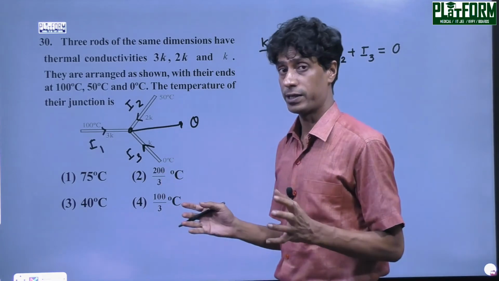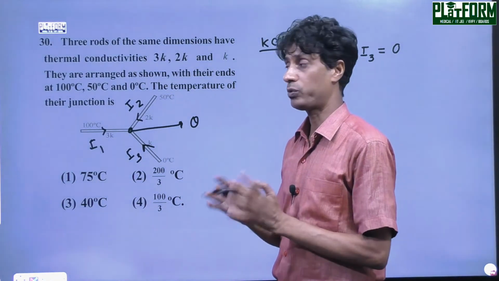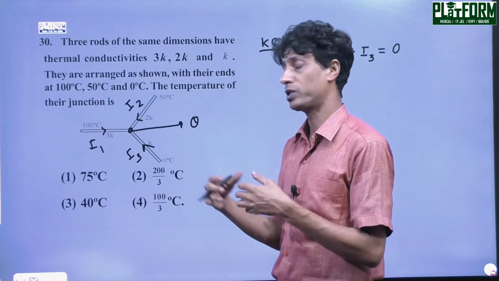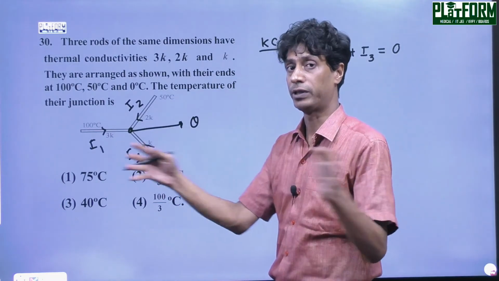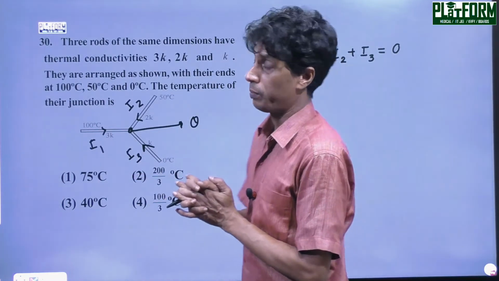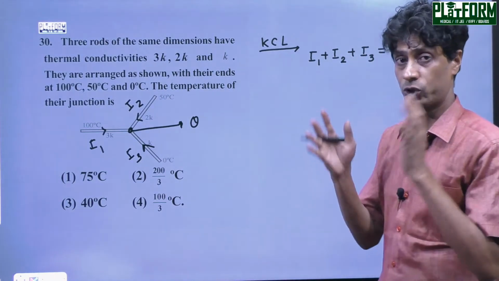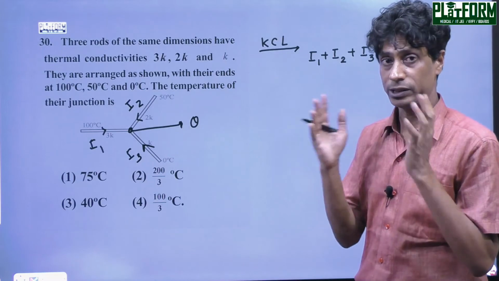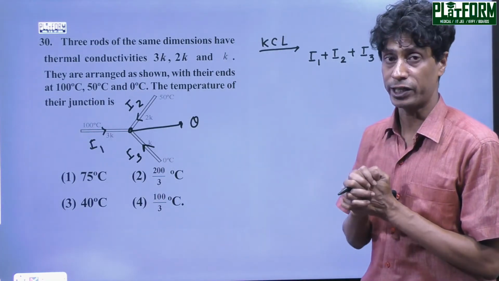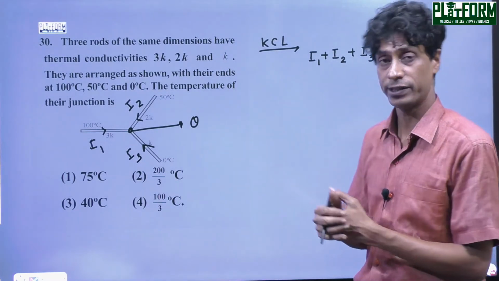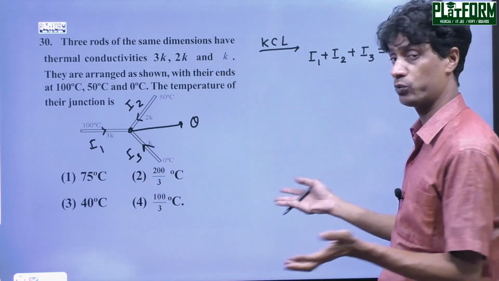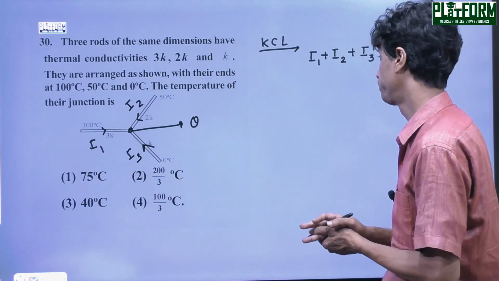It is the first consideration: either you have to take all the currents entering into the junction, or all leaving the junction. But as per Kirchhoff's current law, the algebraic sum of the total currents entering into the junction is zero. So I1 plus I2 plus I3 is equal to 0.